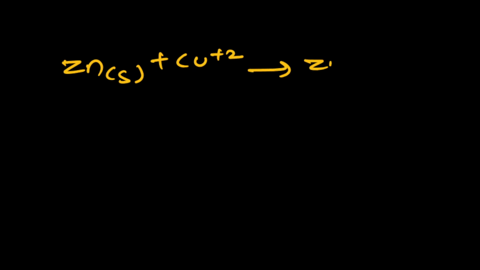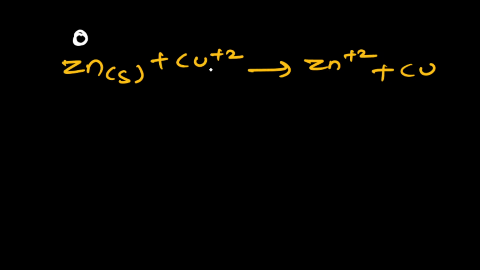Done. Let's take one reaction to clearly understand which is the oxidizing agent and which is the reducing agent. Let's suppose I take one general reaction: Zn plus Cu2+. Here the Zn is present in its native state, its oxidation number is 0.